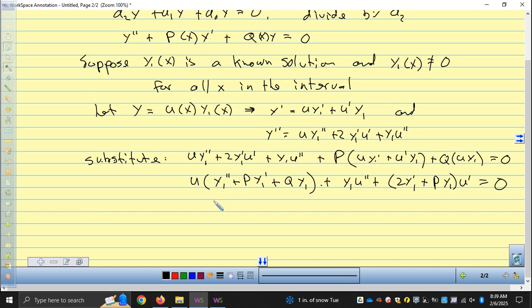Well, this equals 0 because y1 is a known solution to this equation. So that whole term equals 0.